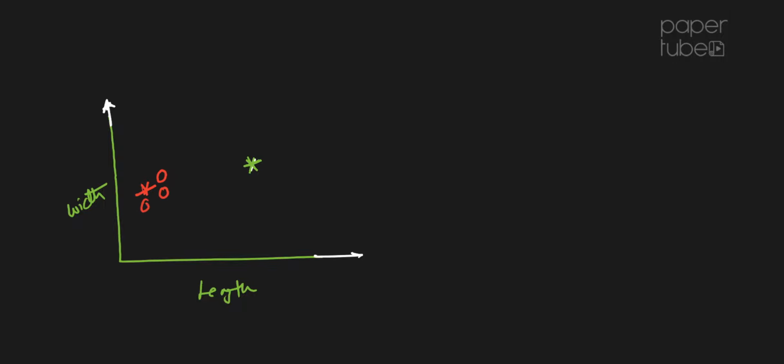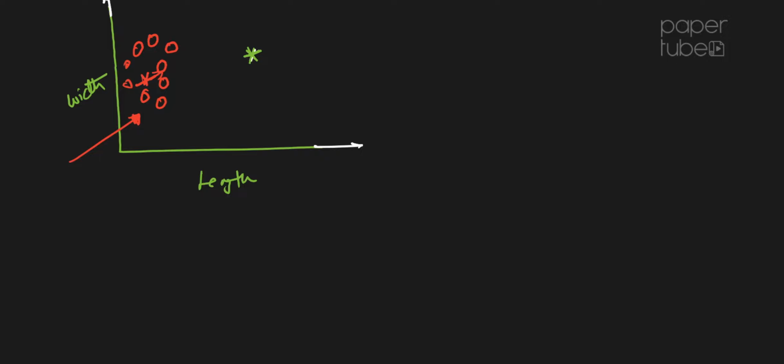So based on this new cluster center, you assign all the data points around the cluster center as data points that belong to category 2.